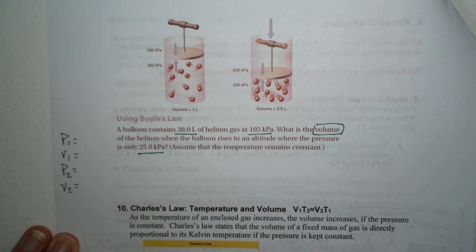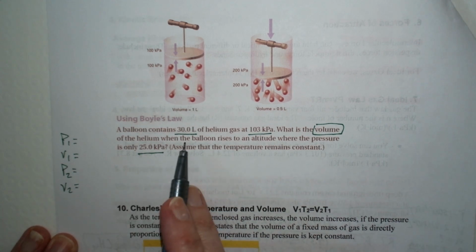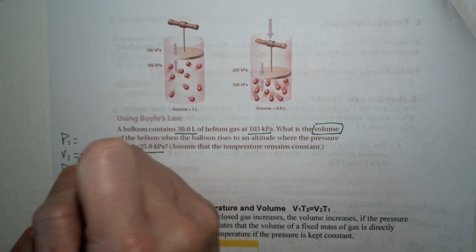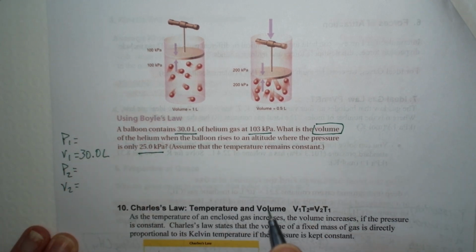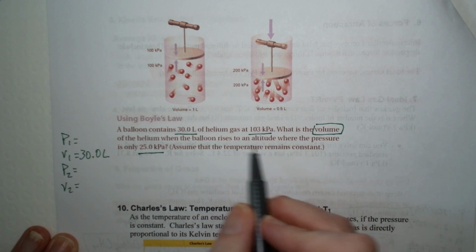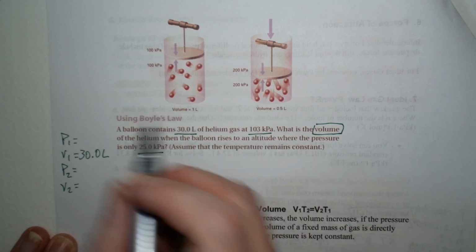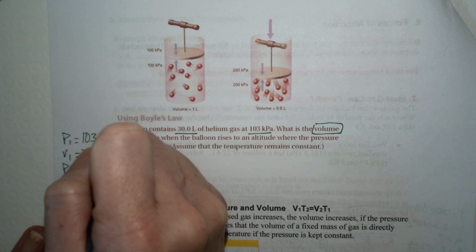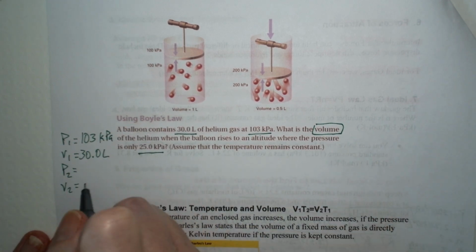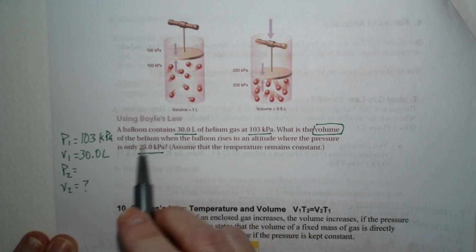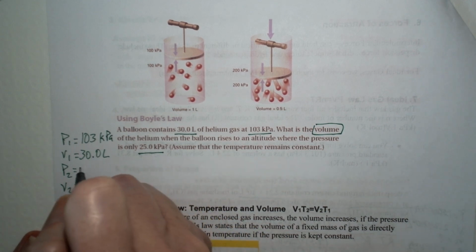So line up your variables in the left-hand margin. So V1 is in liters, so 30.0 liters. That's the initial volume. And then the initial pressure at that volume is 103 kPa. And then we're looking for the new volume when the pressure is decreased to 25.0 kPa.